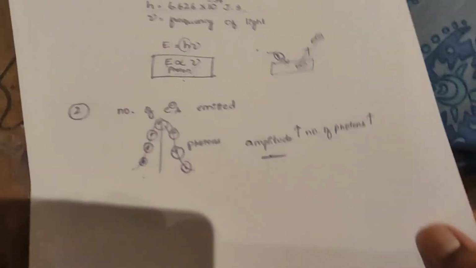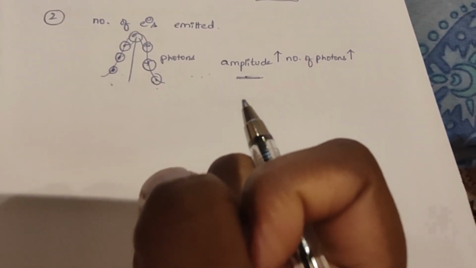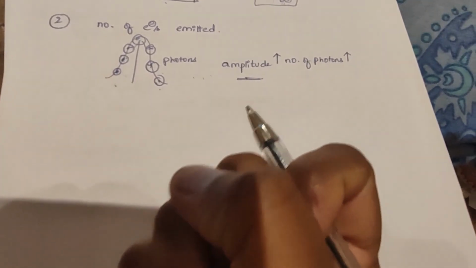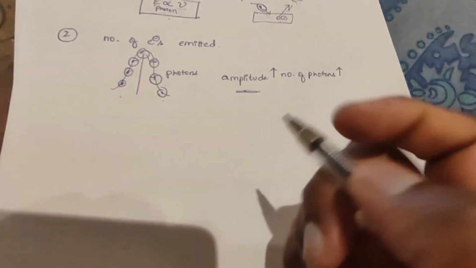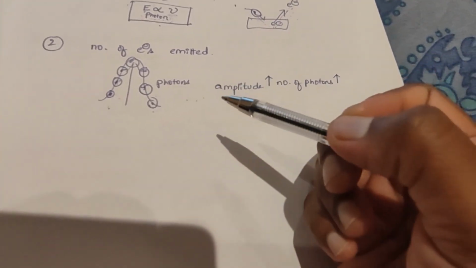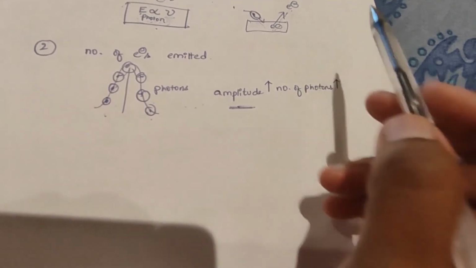Again, further, when a photon hits the metal surface, the photon's energy is absorbed by the electron, and then this energy is used to get out of the metal surface, and the remaining energy is used as kinetic energy.